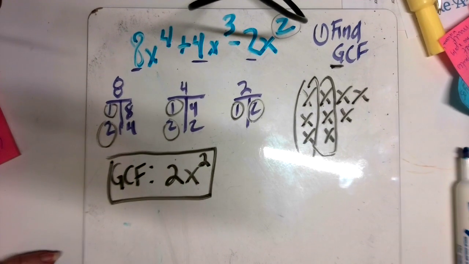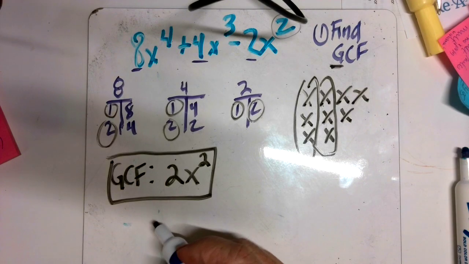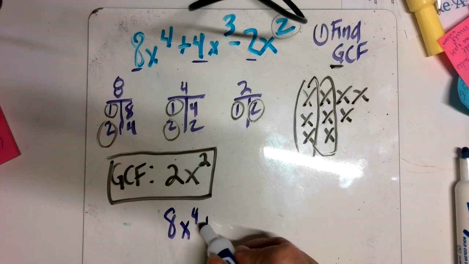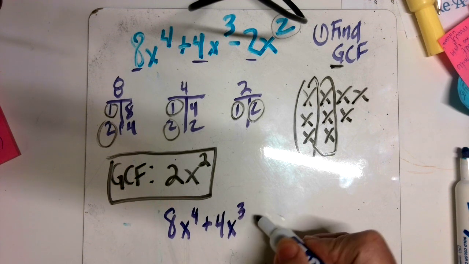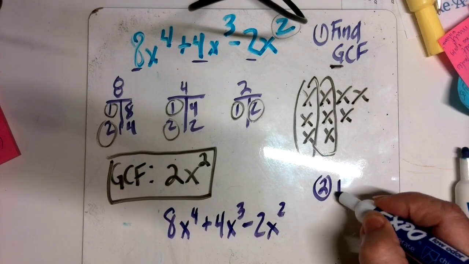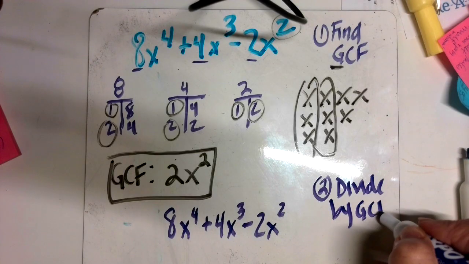Sorry, it's hard to see. Now you're going to divide. So I'm going to rewrite that polynomial first: 8x to the 4th plus 4x to the 3rd minus 2x squared. The second step is divide by the GCF.